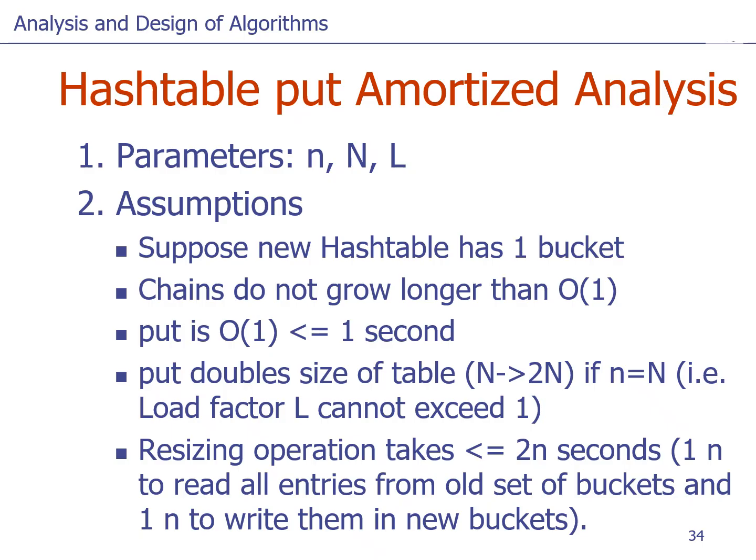And the last assumption is that resizing takes 2n seconds. 1n for reading, 1n for writing. Or 2n units of time if you'd like. Now, I don't have to actually refer to these as seconds. I could just use them as 1 unit, or 1 equivalent to processing 1 value, or doing 1 computation.